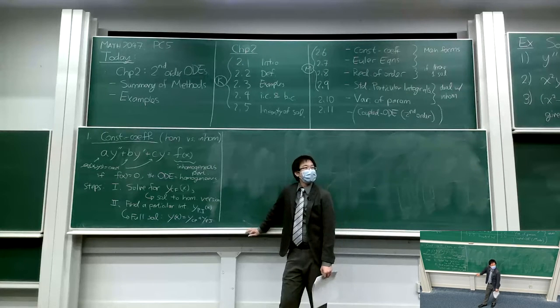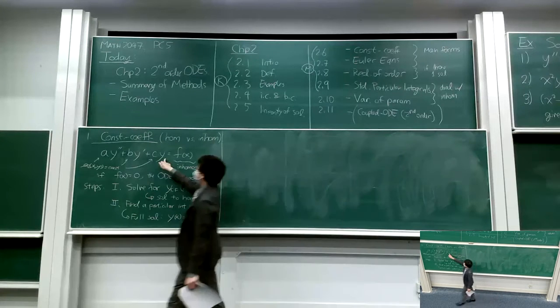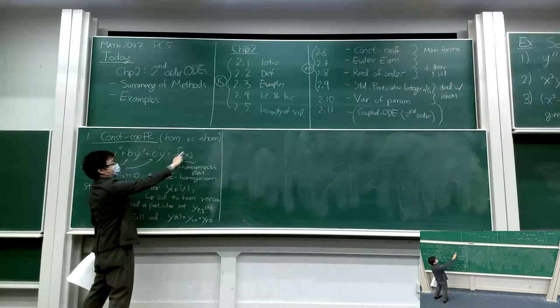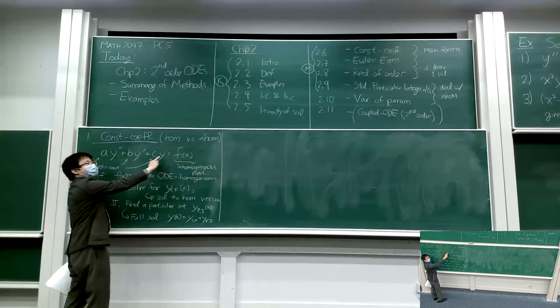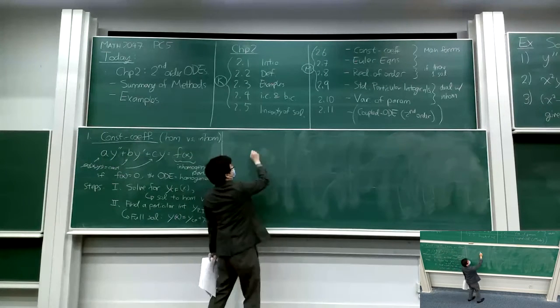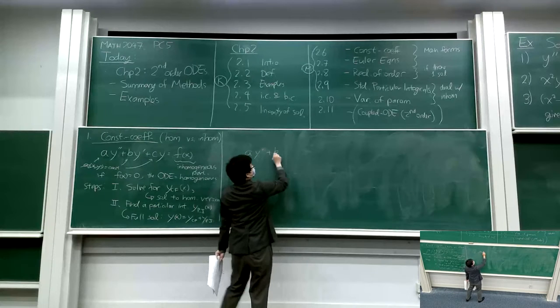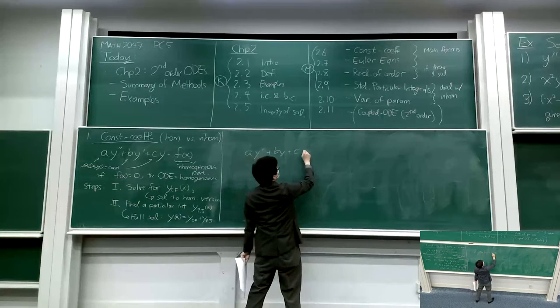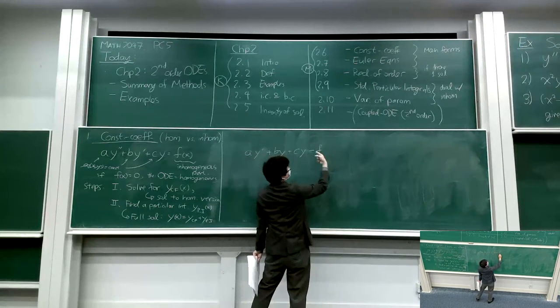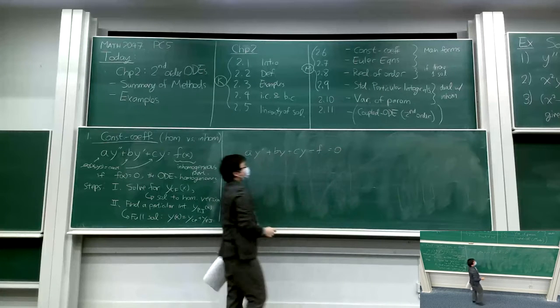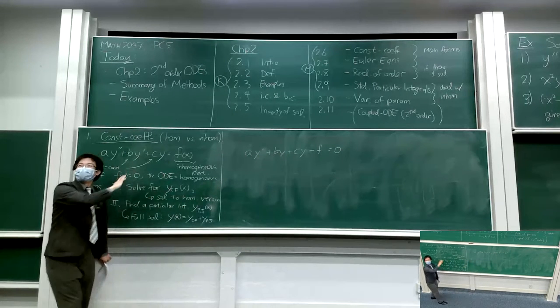Yes, sir? Why don't you move the constant to the other side? Move the constant to the other side. Good. So I force this to be 0, but now I have something like this, a constant, let's say. That still isn't the pure homogeneous form.